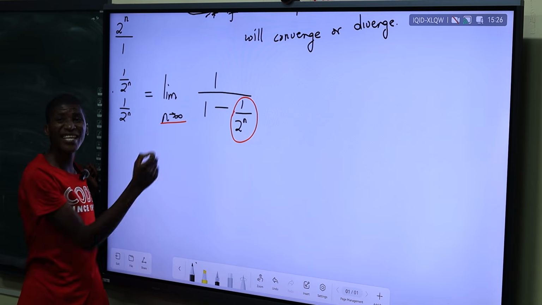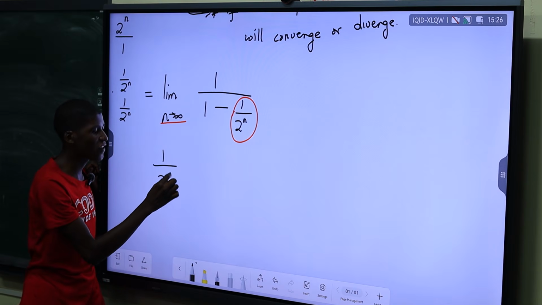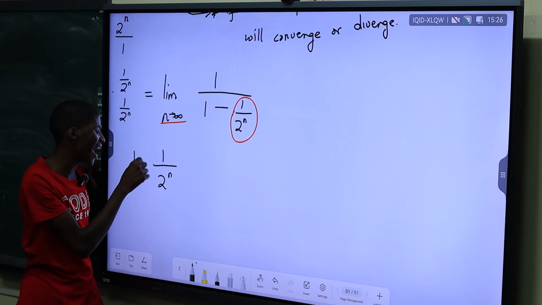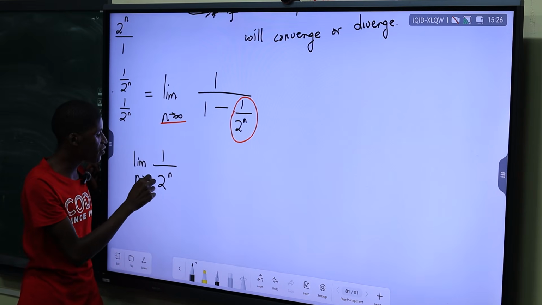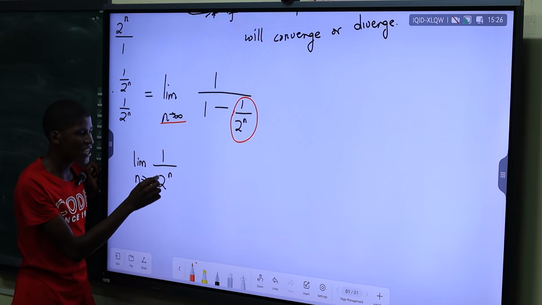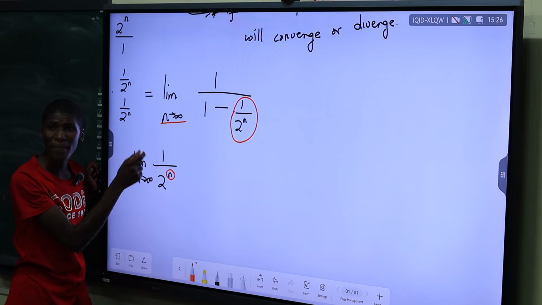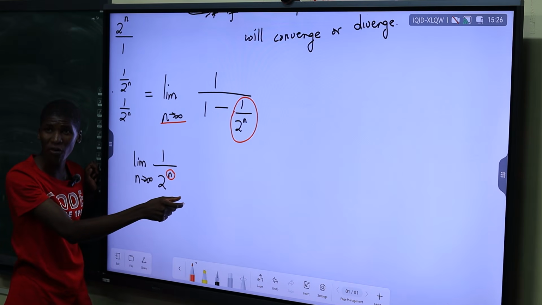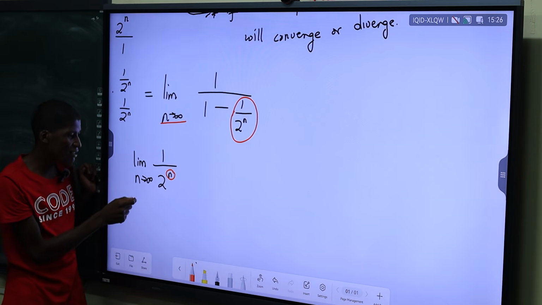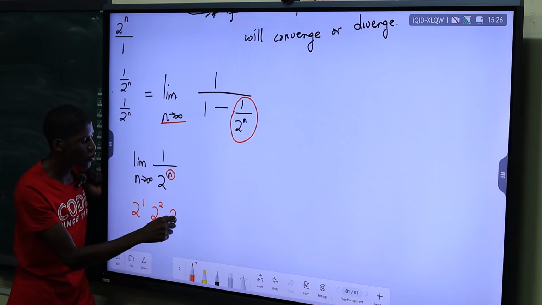Look at the exponent in the denominator. So this is like 1 over 2 to the power of n. Let's look at it and take its limit alone. If we do the limit as n goes to infinity, in other words, we are saying the value of n is becoming bigger and bigger and bigger. That is what the limit means. So 2 to the power of 1 is for term 1, 2 to the power of 2, 2 to the power of 3.